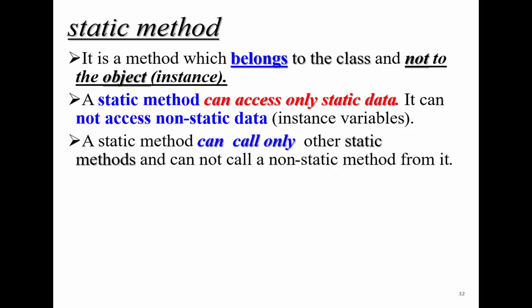A static method can call only other static methods and cannot call non-static methods. And that goes back to the fact that a static method can access only static fields.